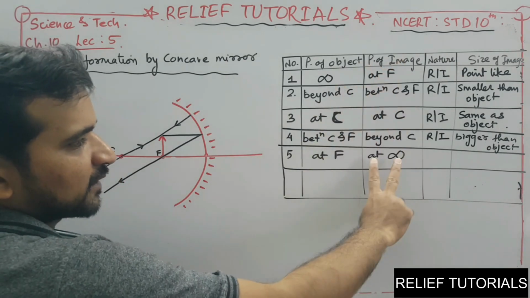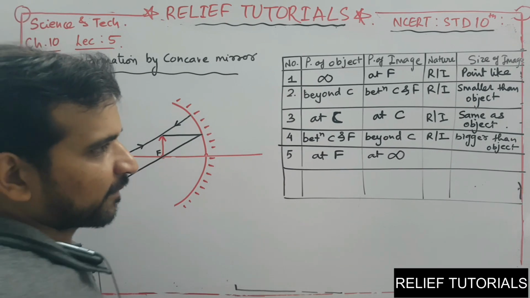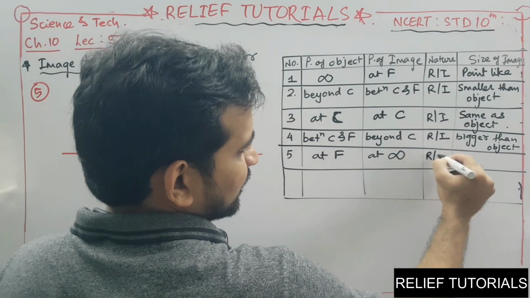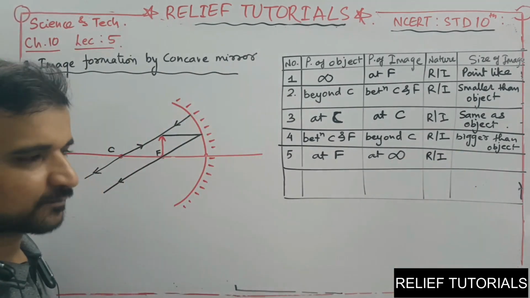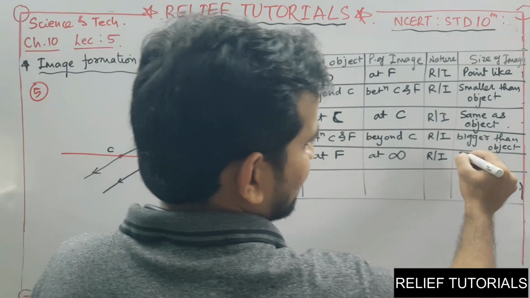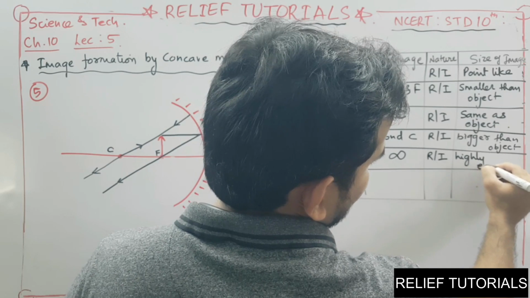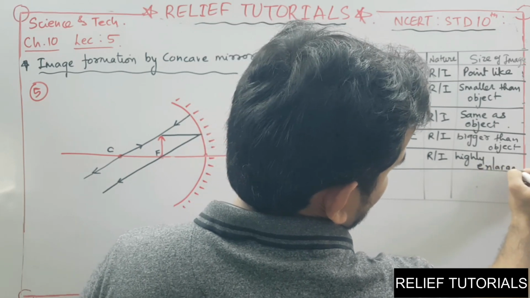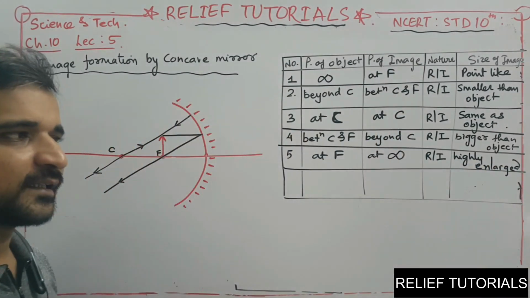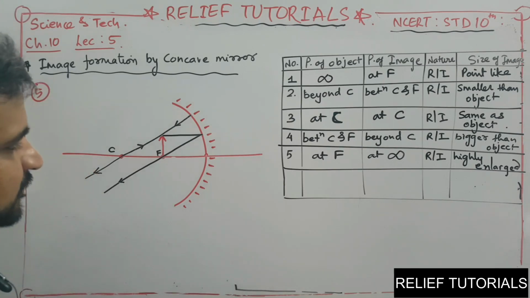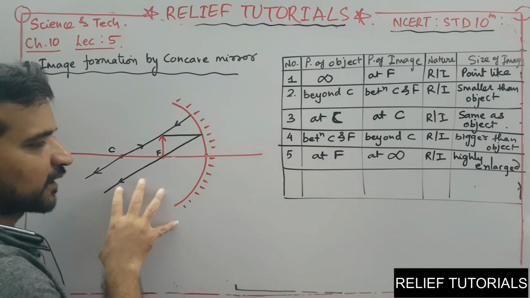So the position of image is at infinite distance. Nature is real and inverted still, we can say. And size we can say highly enlarged, we can say.